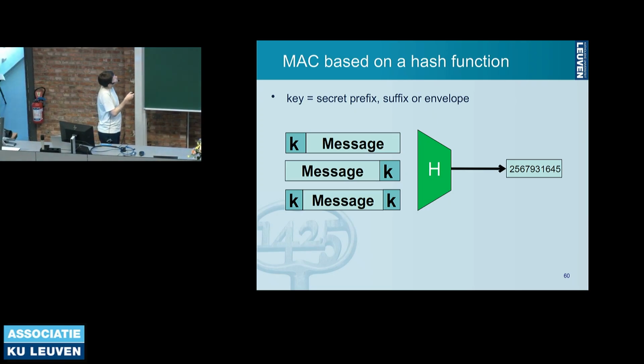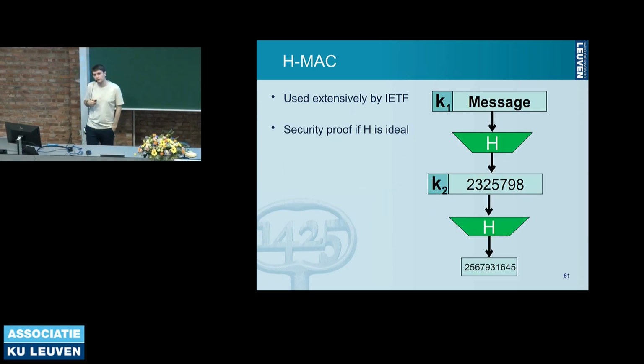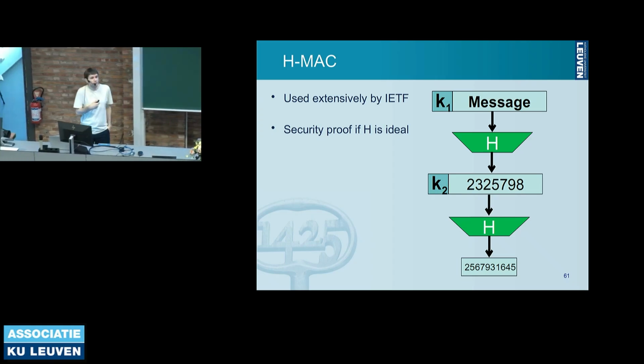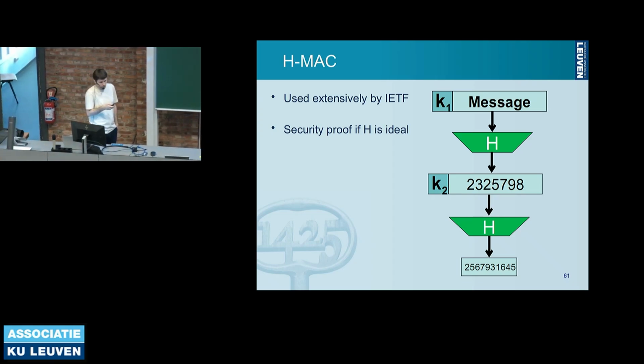That's why this construction became less popular, even though it can be secure. A popular construction to address this length extension issue was, and still is, HMAC. Basically, it does 2 layers of this construction. You have your master key and derive 2 subkeys from it.